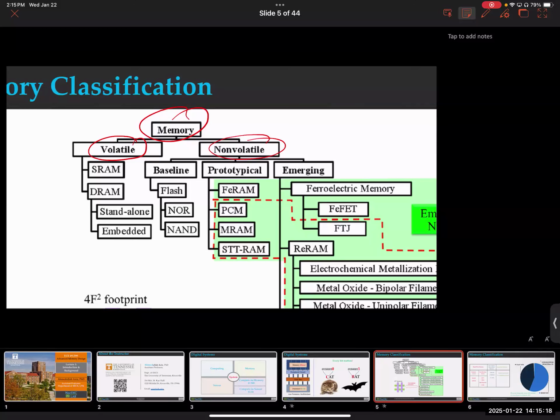What do I mean by volatile? Volatile memories mean you have to keep them powered up all the time. The moment you turn off power, they lose all the information. As long as you have power on, they will remember whatever is being stored. But the moment you remove power, there is nothing stored there. Now imagine your portable flash drive, right?